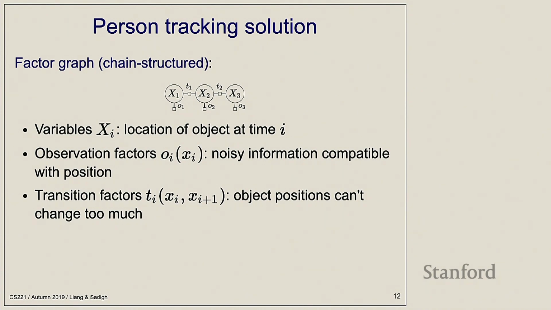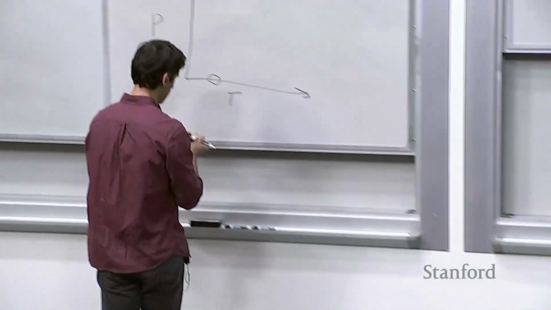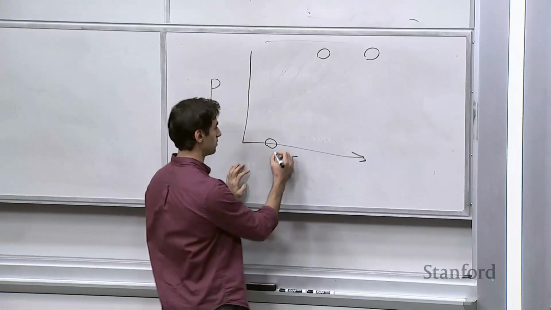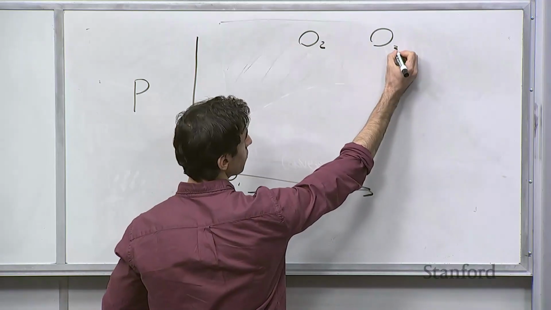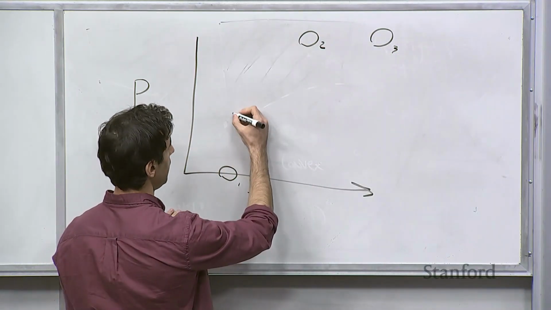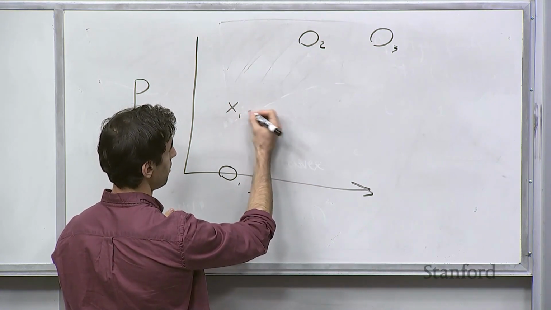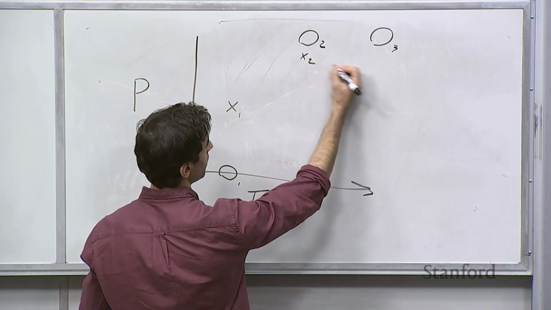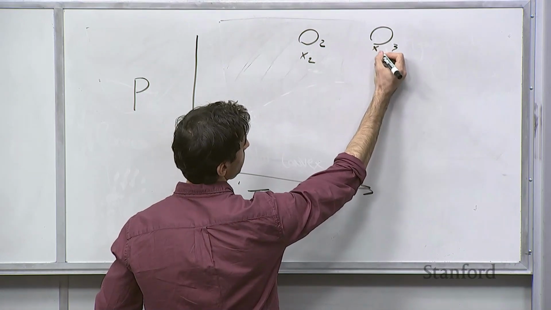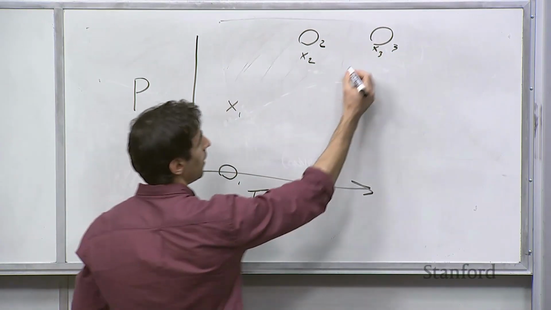And then we have transition factors, which basically tell us you can't change your guess by too much from time step to time step. So on this graph, if these are our observations, O1, O2, and O3, then maybe our first guess would be here. So we have x1 down here, x2 down here, and then maybe x3 up here.